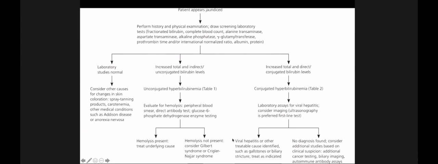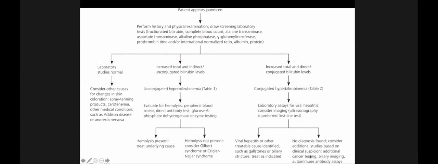If you have no diagnosis based on your preliminary screen, you can do added tests. You may have to revisit your history, remember. You might have to go back and probe: are you sure you didn't take any medications, any Ayurvedic medications, that kind of thing? And then you may have to do some extra tests, depending on your clinical suspicion, to differentiate between the causes that we described earlier.